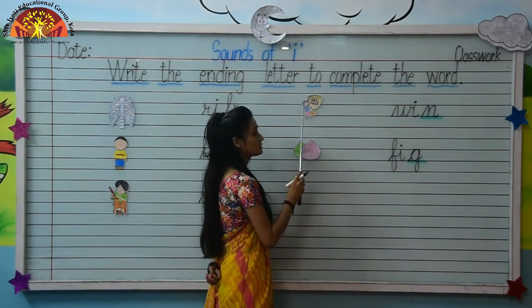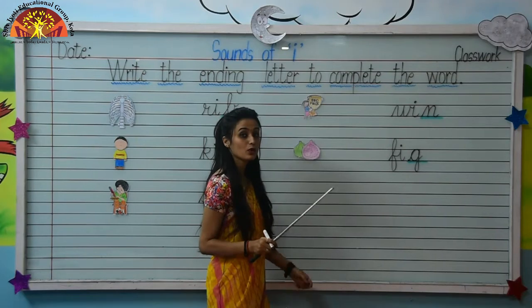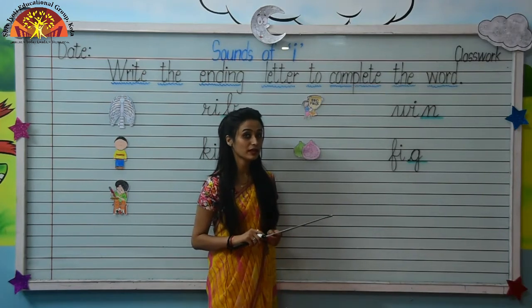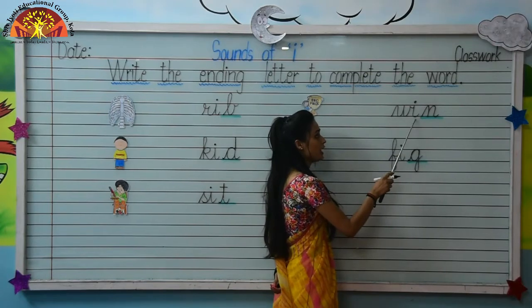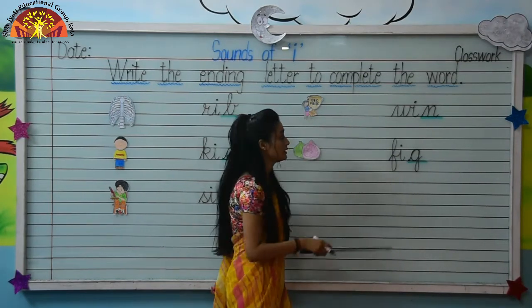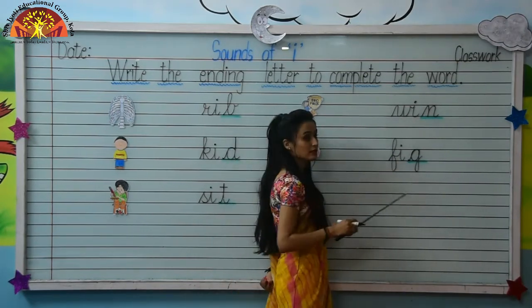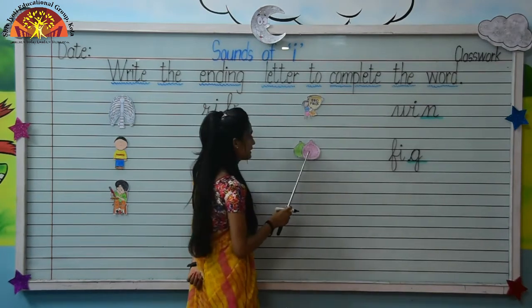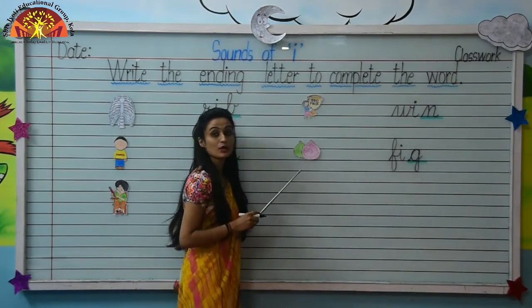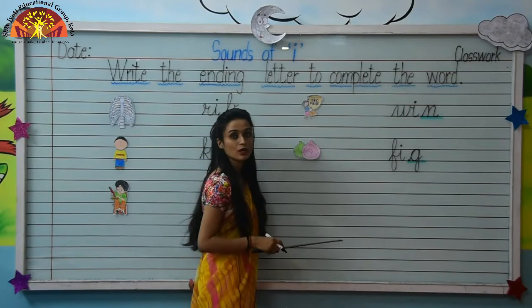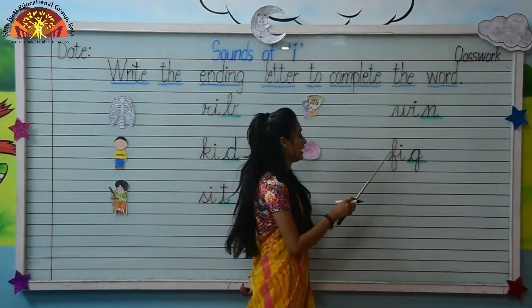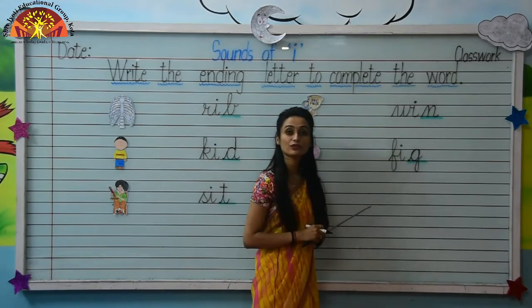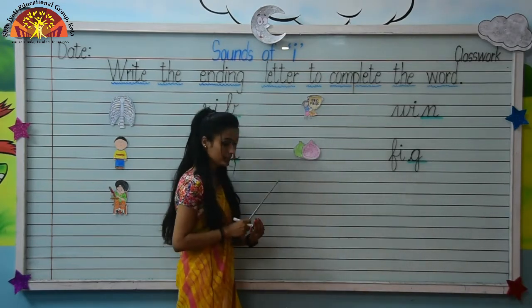This girl has won a prize. What is the spelling of win? W-I-N, win. And the last one, this is fig. F-I-G, fig. Okay, very nice kids.